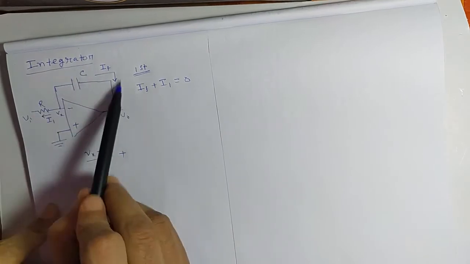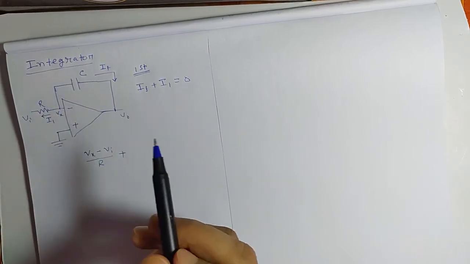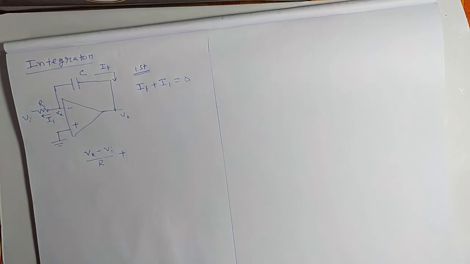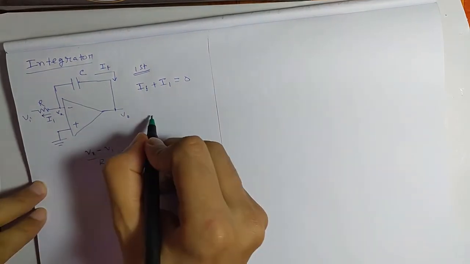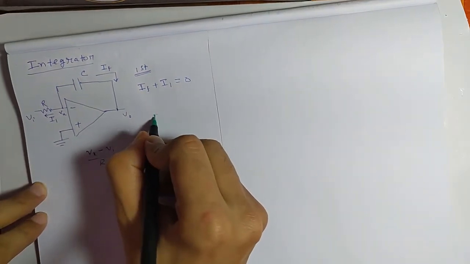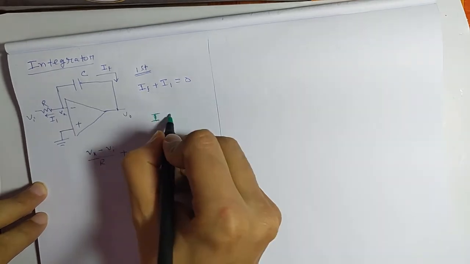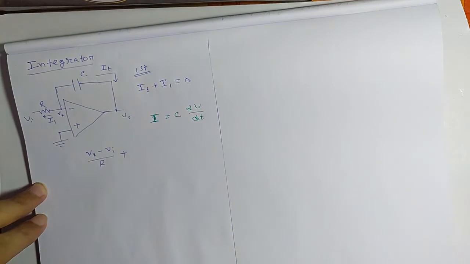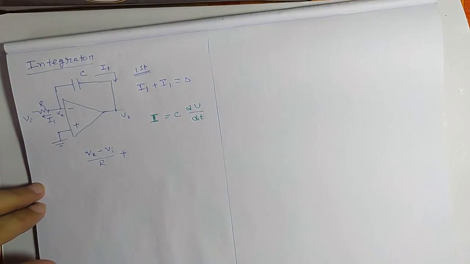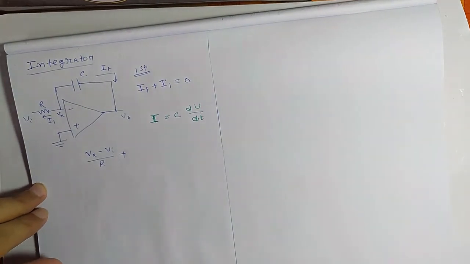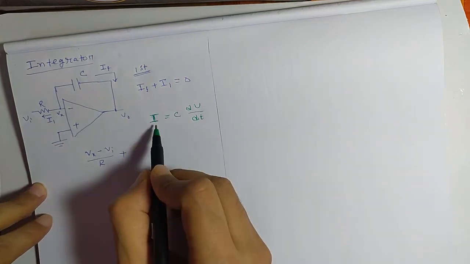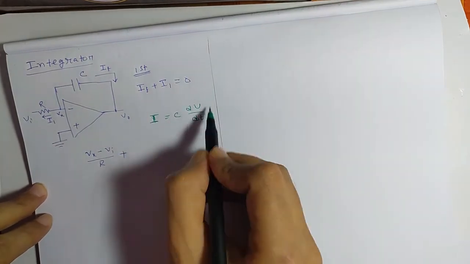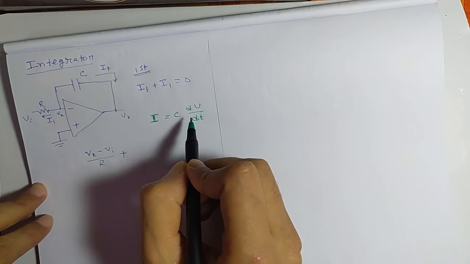Now IF is the capacitor current. Capacitor current and voltage are related by I equals C dV/dt, where I is the capacitor current and V is the potential difference across the capacitor.